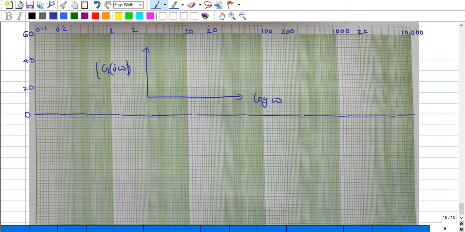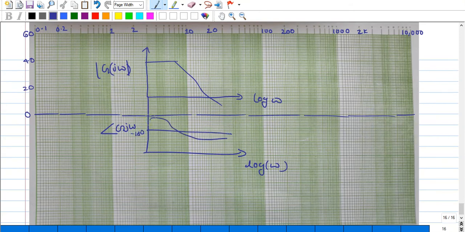Similarly, we will plot in the same graph the angle g of j omega, with the x-axis as log omega. So here you will get the plot, and at the minus 180 degree line you will get the phase angle plot, and here we will calculate the gain crossover omega GC, phase crossover omega PC, gain margin and phase margin. That's it.